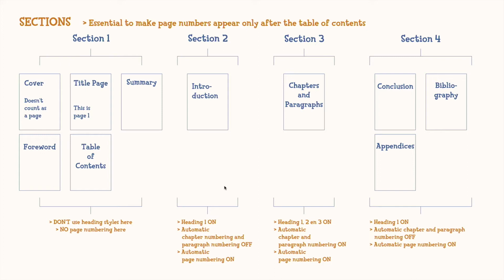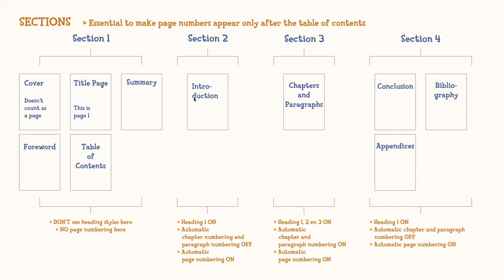But there's something else that is also different, because in section 2, the introduction is not a chapter. In section 3 we have all the chapters, so chapter 1, chapter 2, and the paragraphs, and only the chapters have the automatic numbering.